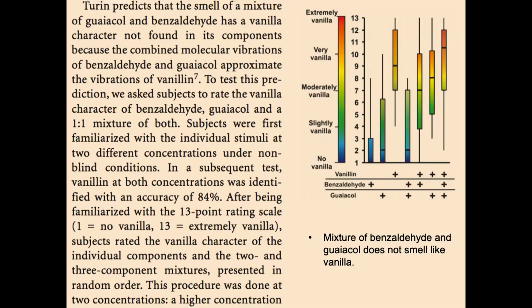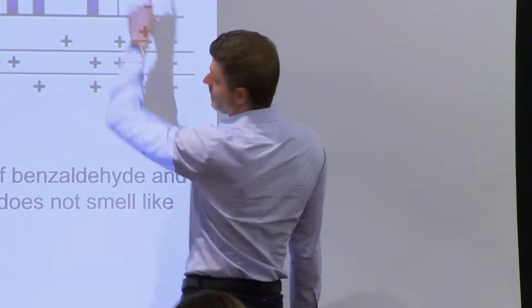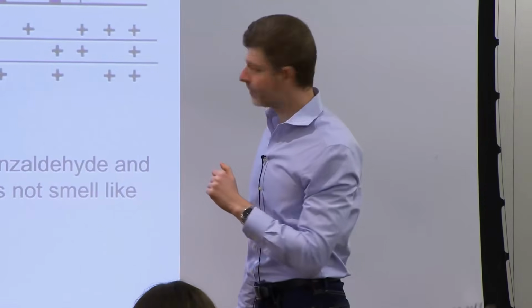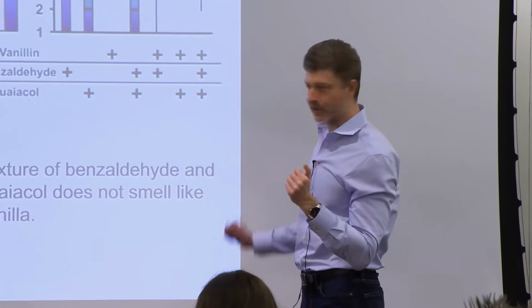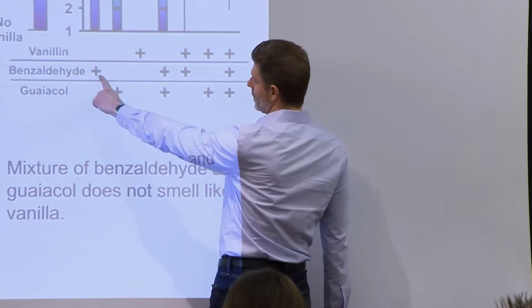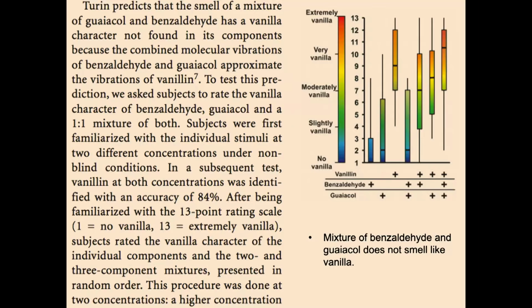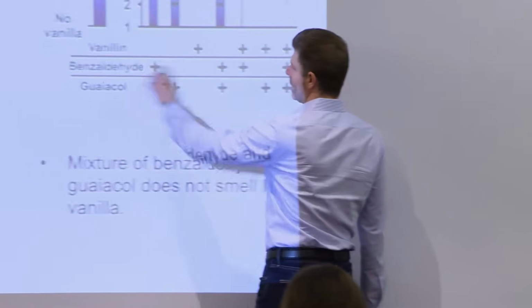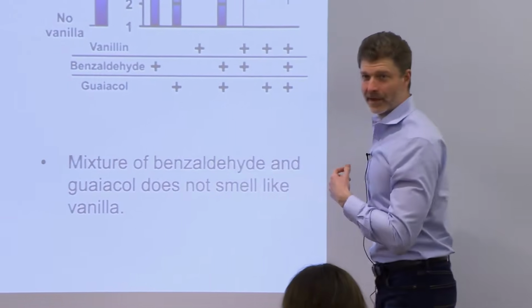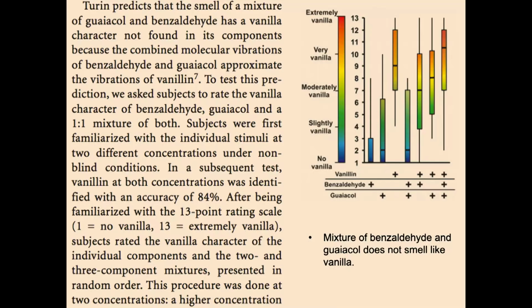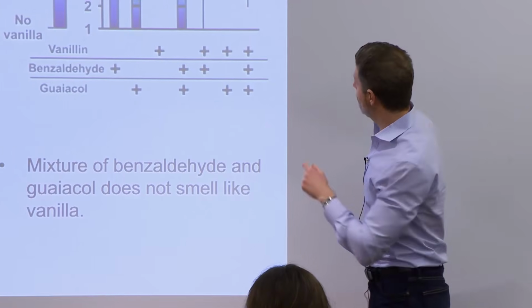Okay? And so the vanilla on its own is rated as like a 9, pretty vanilla. Okay, that's good. People are doing what they're supposed to do. These 2 chemicals on their own get very low ratings of vanilla. That's what's expected, right? And so the key prediction here is that the combination of these 2 things ought to smell like vanilla. Okay, but instead it's getting a rating of 2. So no evidence that it smells like vanilla.